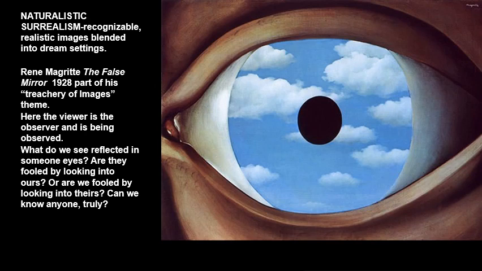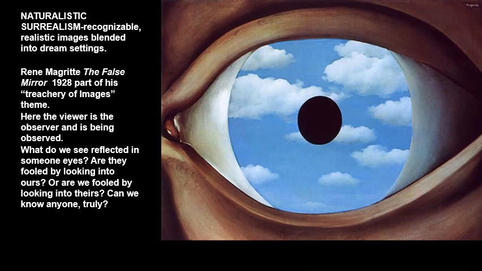And here, he was definitely interested in the treachery of images. When you see representational images, he's thinking you can't always believe what you see. In this case, the viewer is being observed, and we are observing the art as well, okay? And you're meant to reflect upon, can you really know what's inside a person's head?